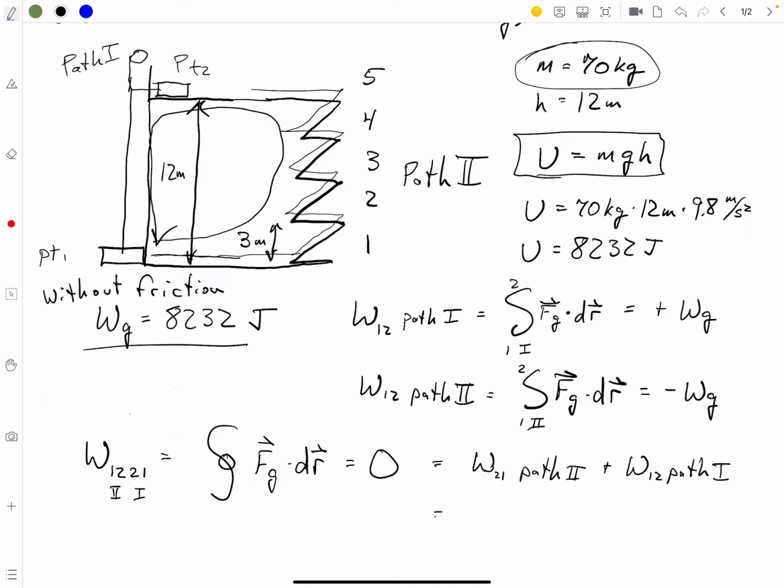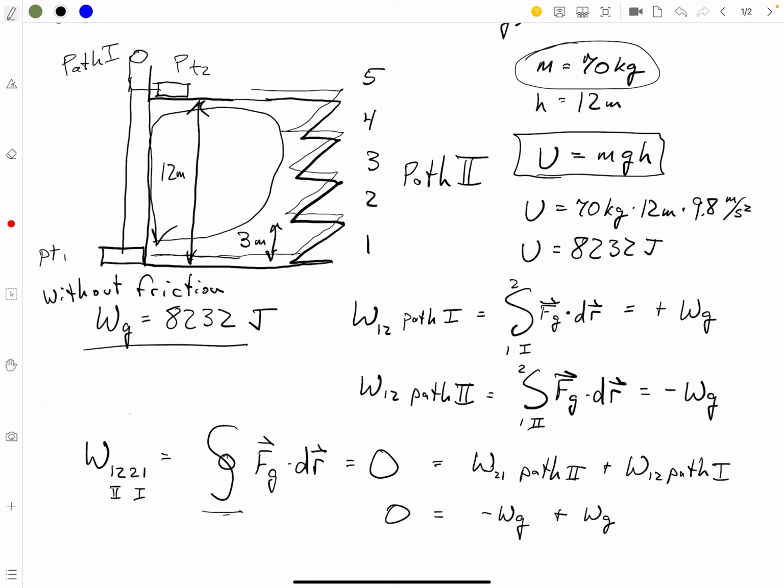And so that means that we are doing minus the work of gravity plus the work of gravity. And they're the same, right? So obviously it's going to equal 0.